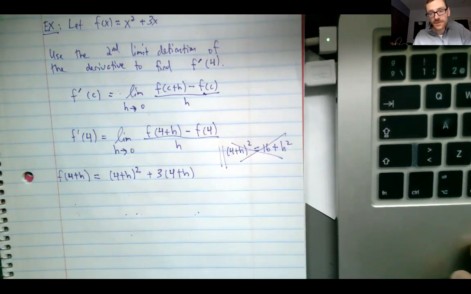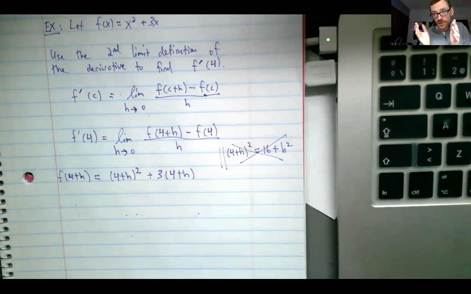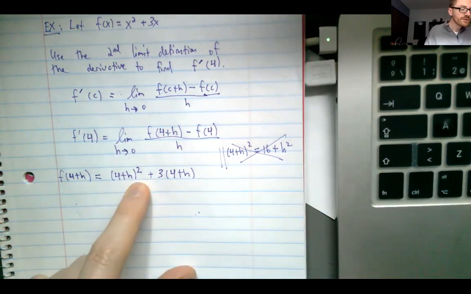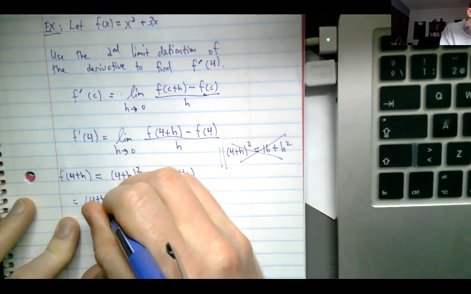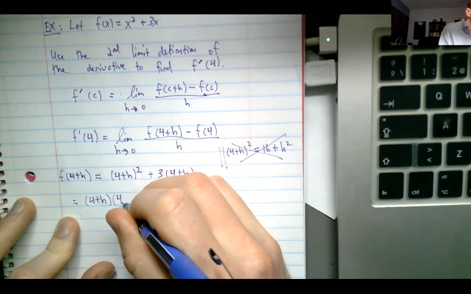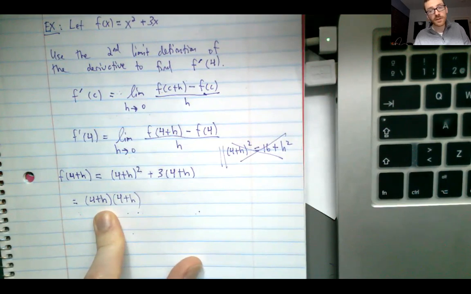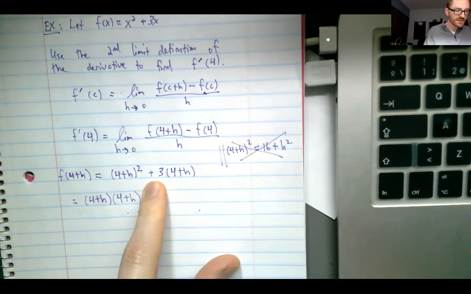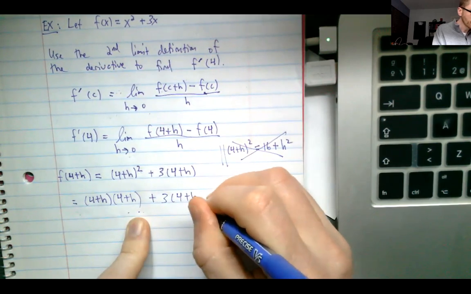Unfortunately, exponents just cannot be distributed in that way. When you square something, it means you multiply it against a copy of itself, right? So 4 plus h all squared means you take 4 plus h and multiply it against a copy of itself. That's what 4 plus h squared means, okay? Plus 3 times 4 plus h, okay?